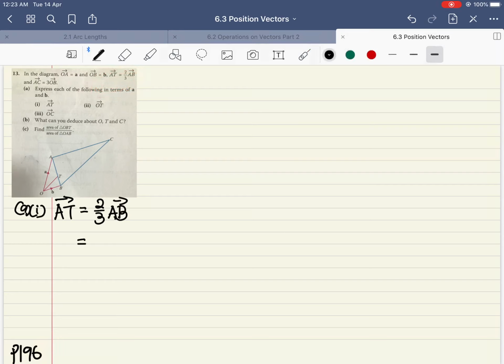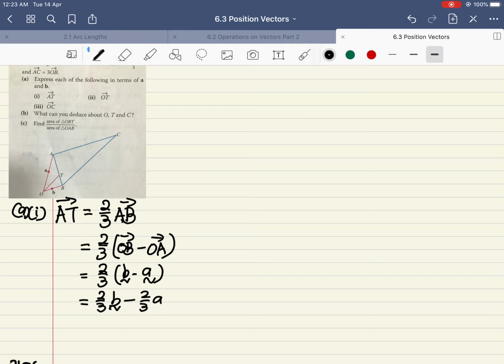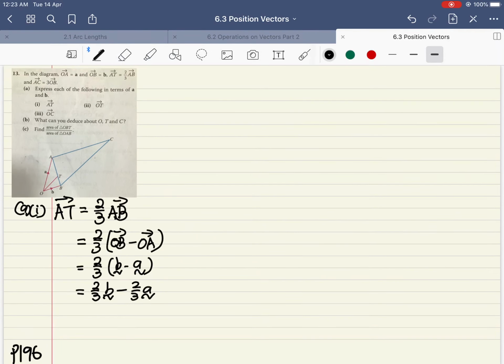This piece of information came from here. Then what we know is this: AB will simply be the second letter minus the first letter, hence it is OB minus OA. So I can write it down as 2/3 of B minus A. If you expand the brackets, it is 2/3 B minus 2/3 of A.